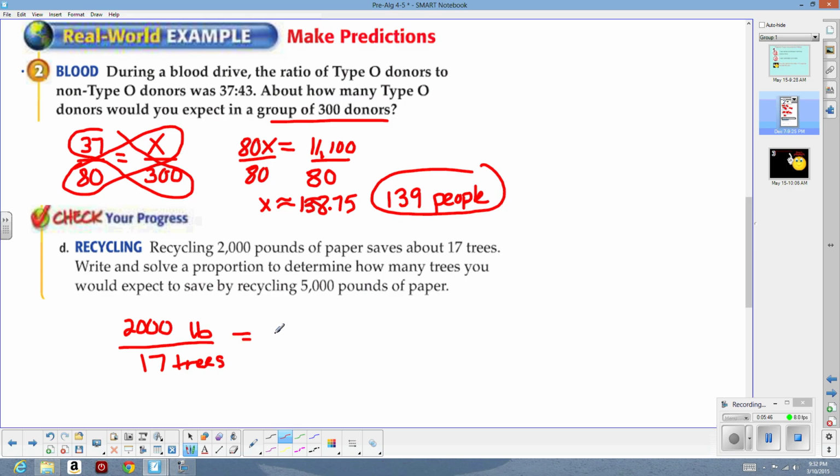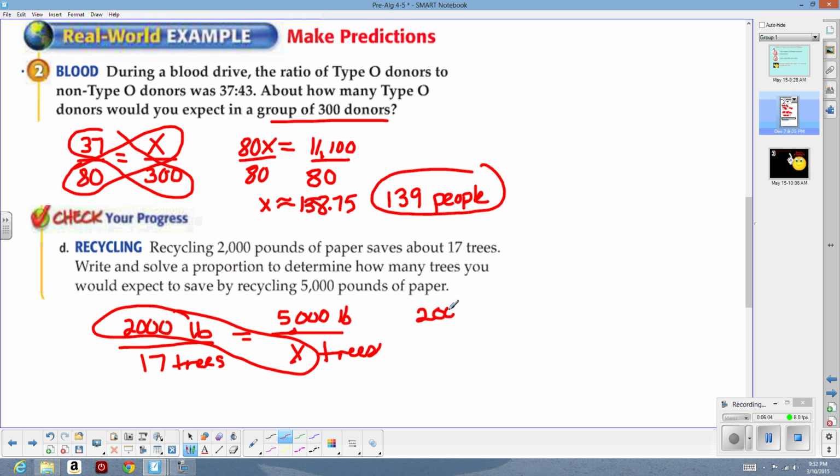I'm going to put the 5,000 pounds at the top to line up with my 2,000 pounds. And we want to know how many trees that would be. So 2,000 times x equals 5,000 times 17. 5,000 times 17 is 85,000.